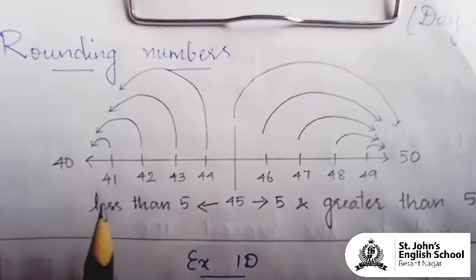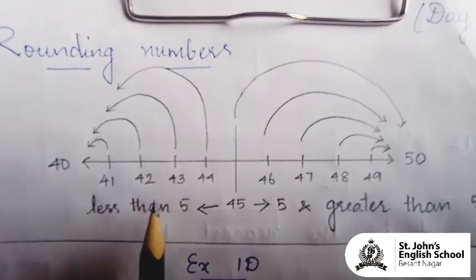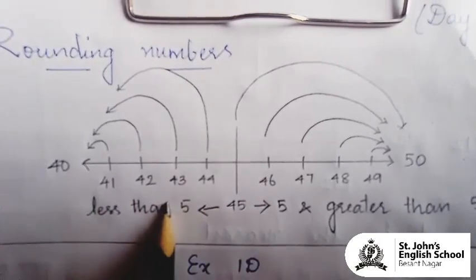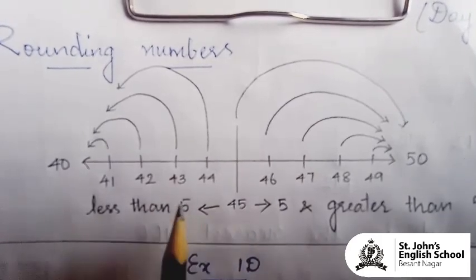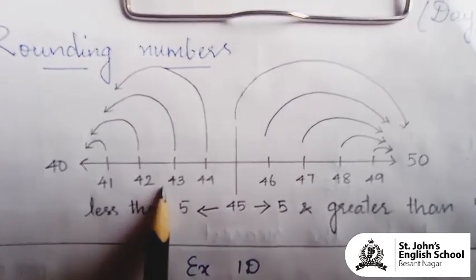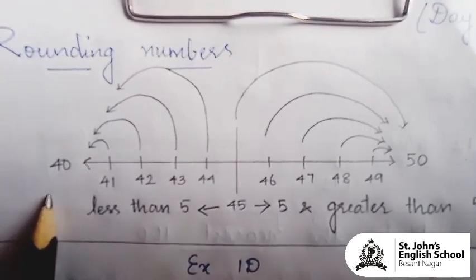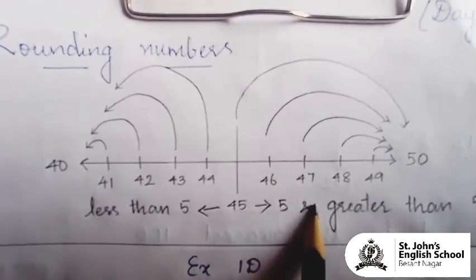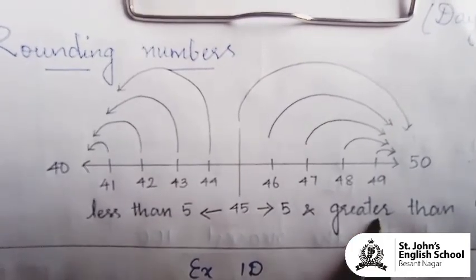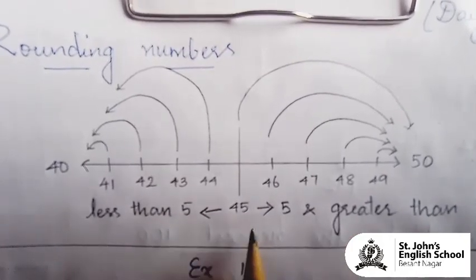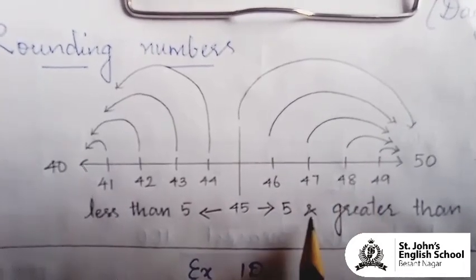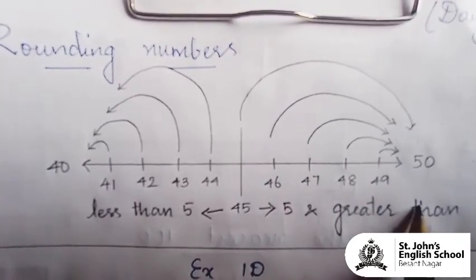So now 41, 42, 43, 44 are less than 45. So the numbers less than 5 should go to the before number. 45, 46, 47, 48, 49, 5 and above, 5 and greater than 5 should go to the next number.